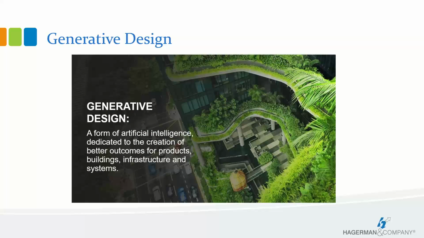To put it another way, generative design can be thought of as a form of artificial intelligence. It has the ability to quickly explore multiple solutions to a design problem and can return a wide range of alternatives that are optimized and fully validated.